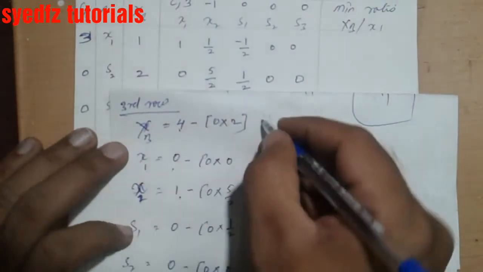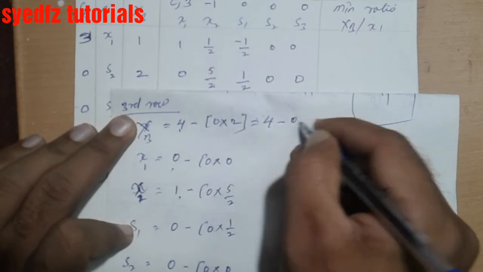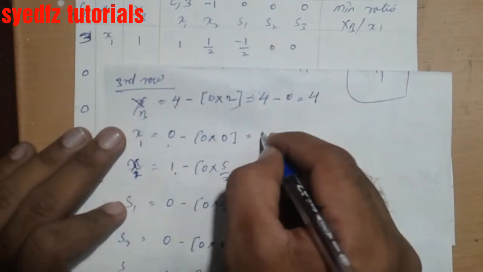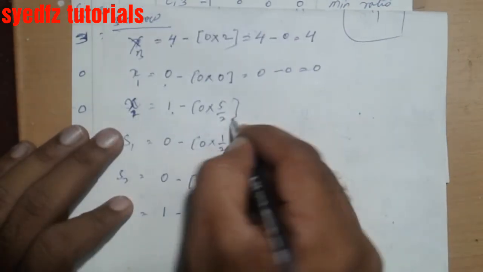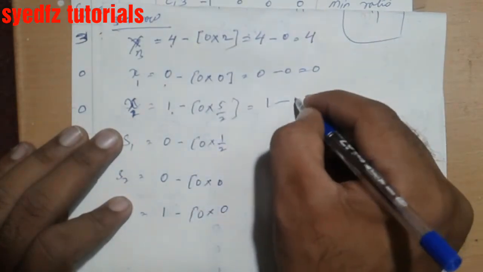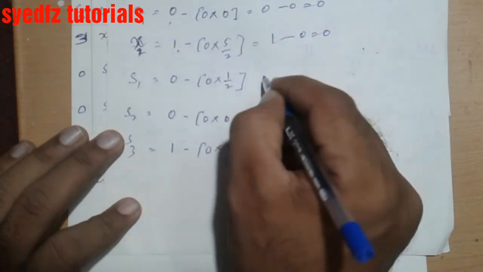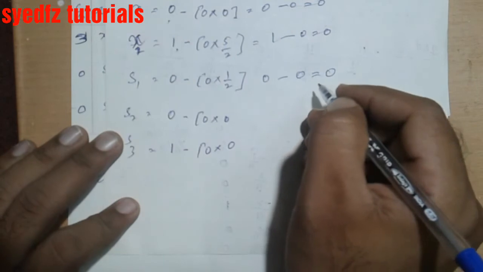This is the 4 minus 0 into 2, 0, answer 4. This one 0, answer 0. This one 1 minus 0 multiply any value 0, answer 0. Here 0 multiply any value 0, answer 0.